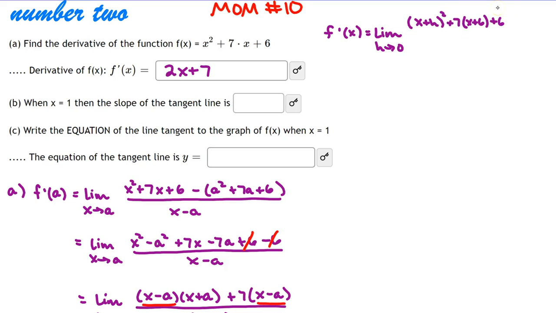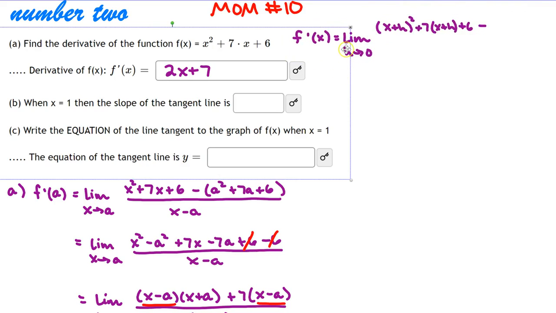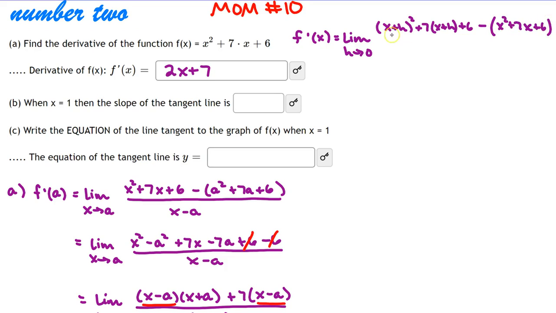That's when we put x plus h into the function minus f of x, which is just x squared plus 7x plus 6. Notice that I put it in parentheses, all over h.